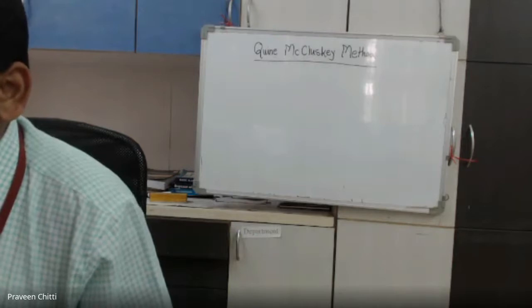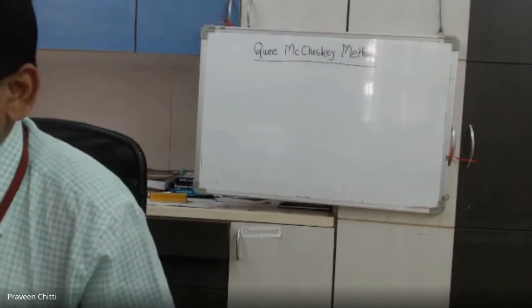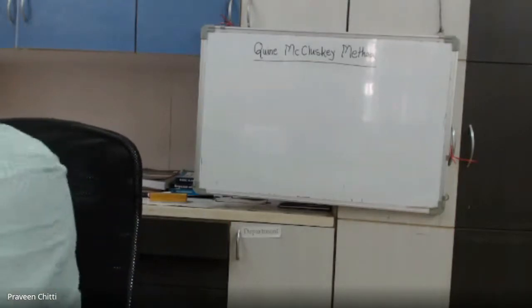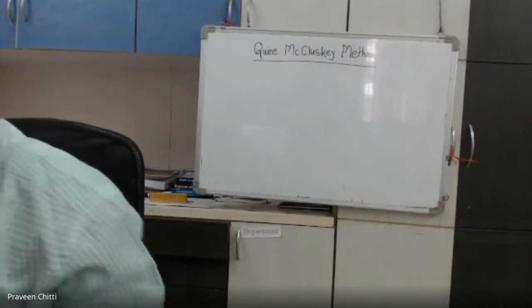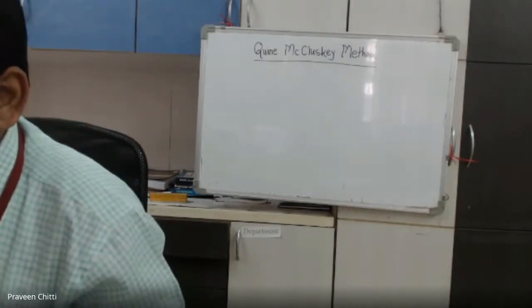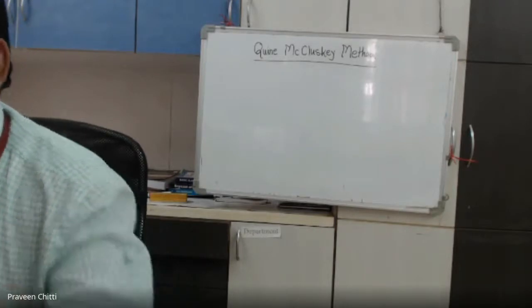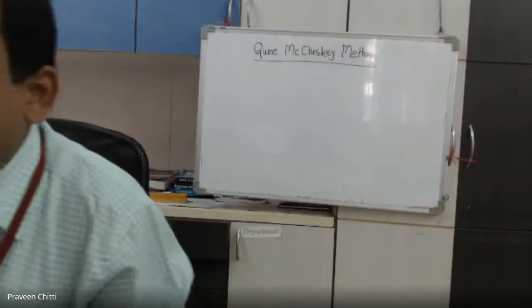Before that, I want you to write down a few points about this method, because this is the procedure we have to follow, and I will explain this procedure with the help of an example. Is that clear? Is it fine? At least you understood what the Quine-McCluskey method is, and I will explain how exactly it is used.